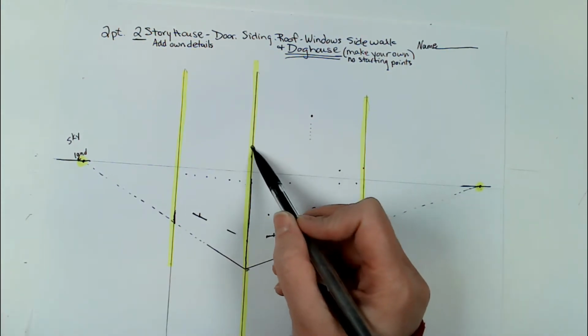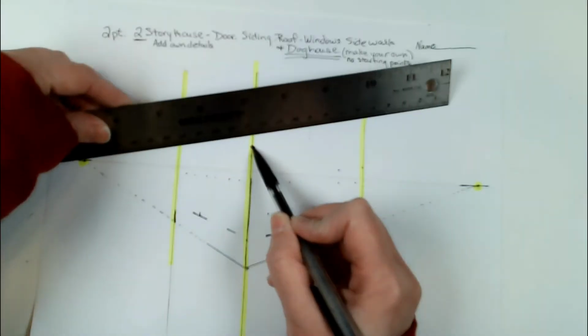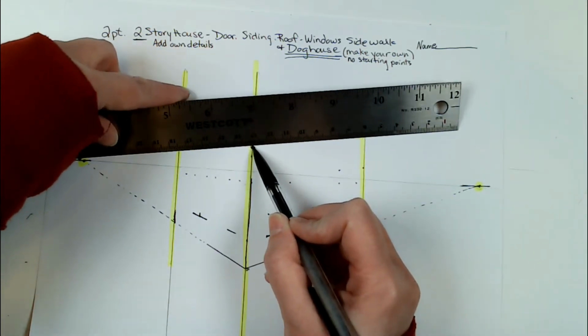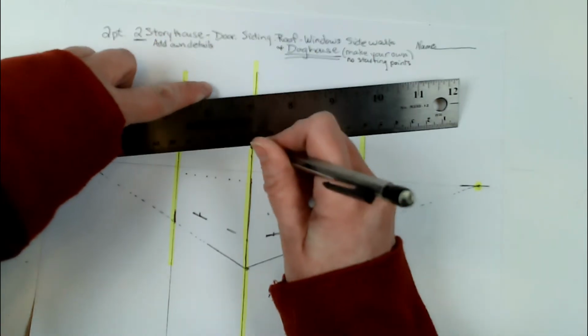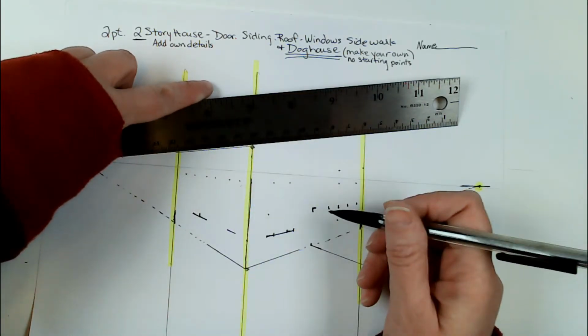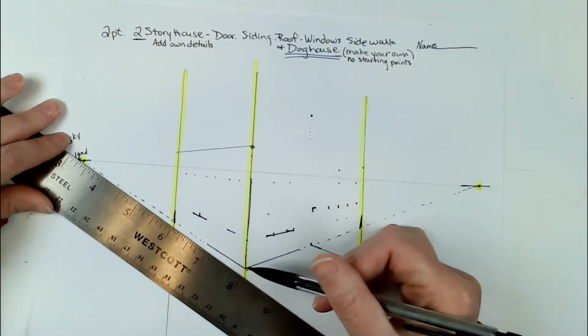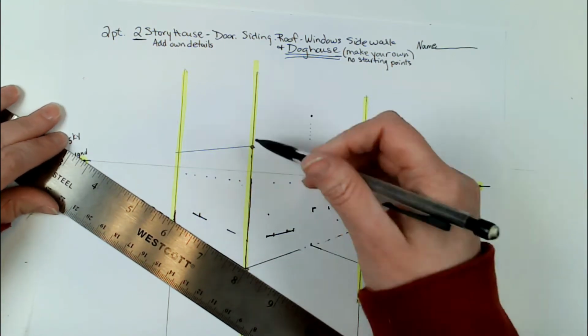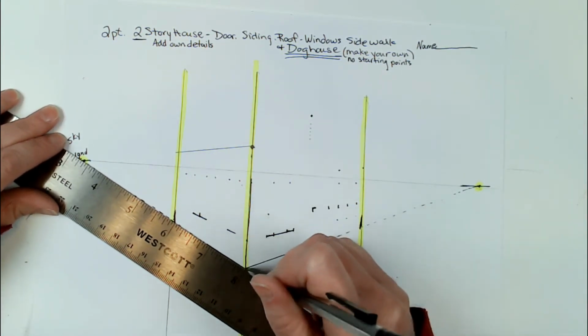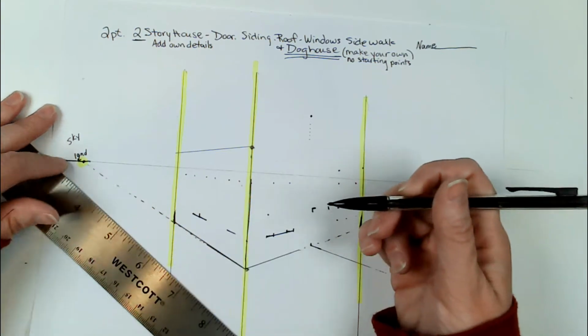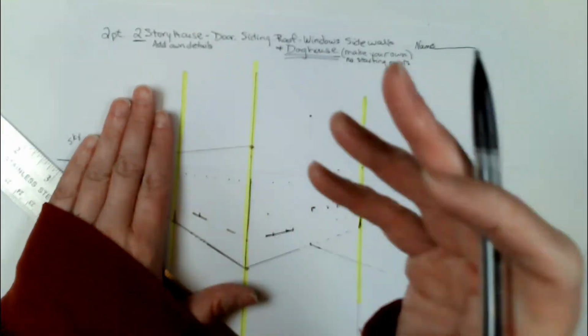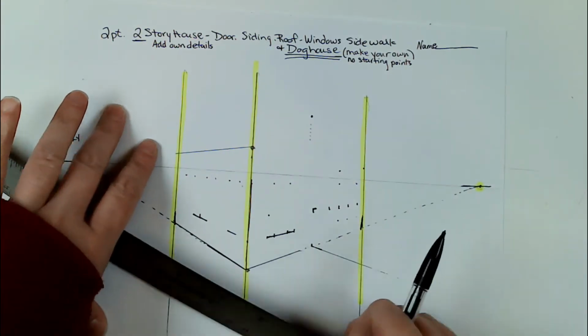So now what I'm going to do is draw a line from the top, and then one from that bottom part of how tall I want my house to be. So a line there and there, so I have part of that cube part of the house started.